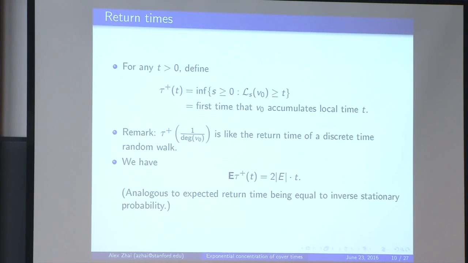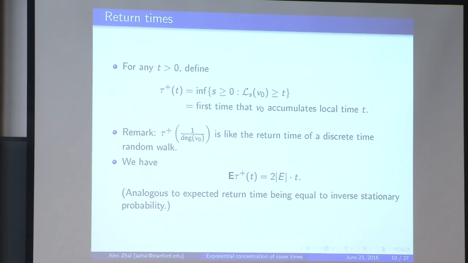As I said before, we only wanted to consider this because it'll show up in some formulas later. So for the most part, you should just think of tau plus of t as being equal to 2et deterministically.